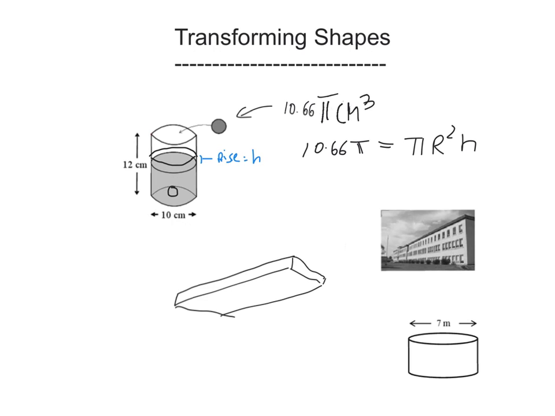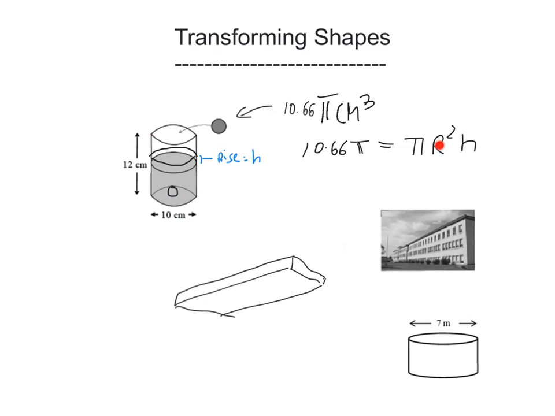And the reason I call this a transforming shape problem is that effectively the shape of the ball, which is a sphere, is being transformed into the shape of a cylinder. So now that we have the equation, we can simply input the values that we know from this formula. So we know the radius of the cylinder is going to be half of 10 centimeters, which is 5 centimeters.